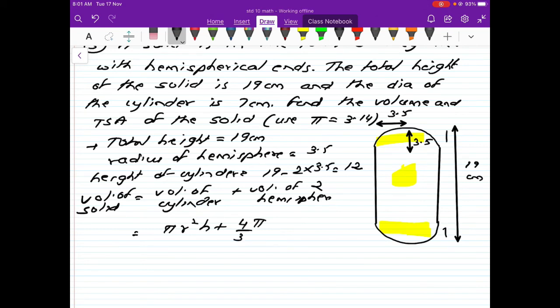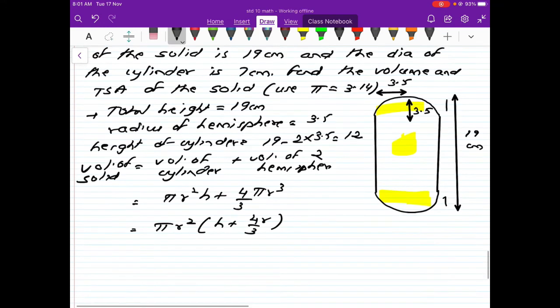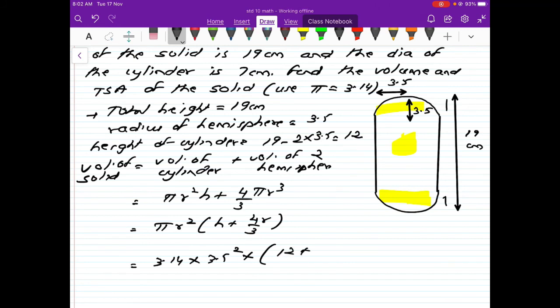So it is 4 by 3 pi r cube. So we will try to club this. So this becomes pi r square into h plus 4 upon 3 r. So 3.14 into radius 3.5 square into the height, this is 12 plus 4 by 3 into 3.5. So this is how we got the answer, 641.66 centimeter cube.